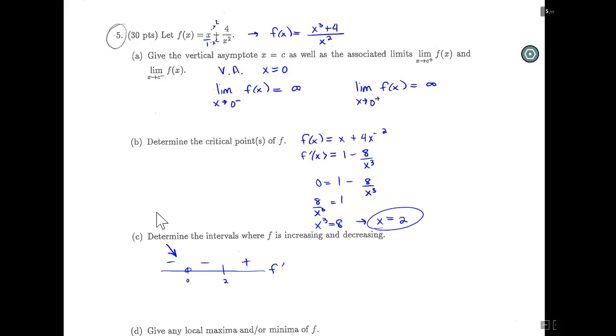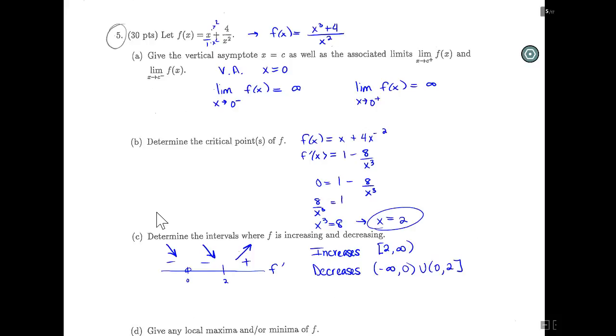So basically it's decreasing, continues to decrease, and then it increases. So it increases in the interval from 2 to infinity, and it decreases from negative infinity to 0, and then from 0 to 2.